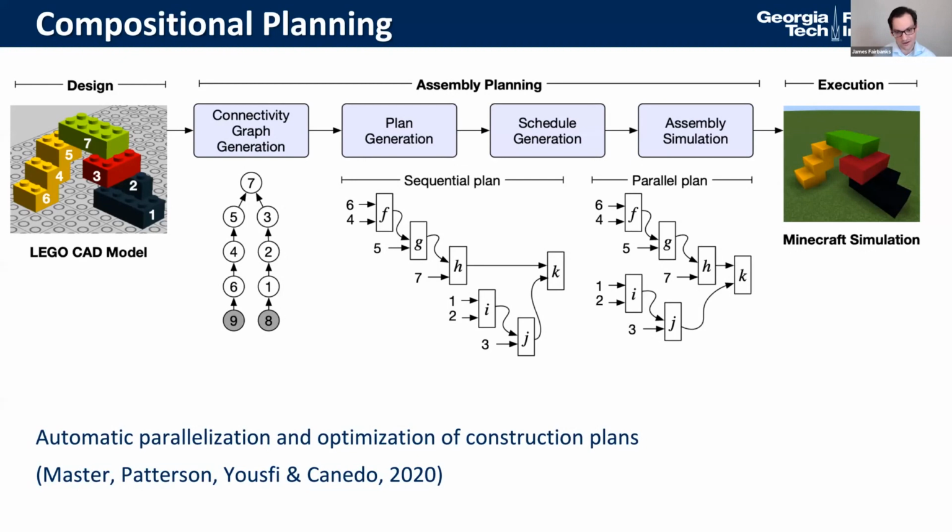And term rewriting on plans allows you to do things like scheduling, where you turn sequential plans into parallel plans by maximizing the number of tensor products and minimizing the number of compositions. Jade Master and Evan Patterson worked on this at Siemens, and they built this tool chain that took a Lego CAD model and built a Minecraft simulation that built the thing that they had designed in CAD.